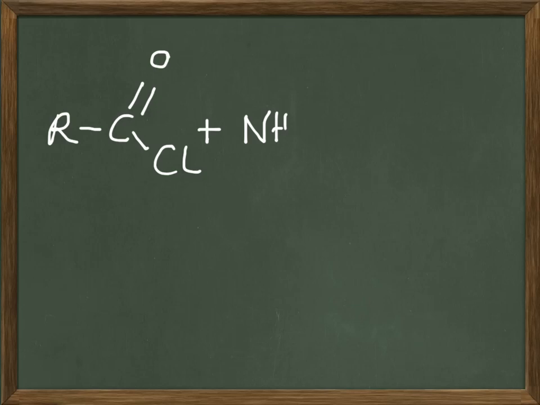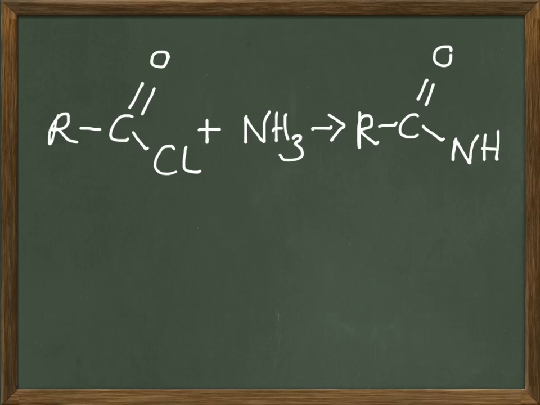The next one you need to know is the reaction with ammonia. Ammonia has a lone pair on nitrogen, and again it's going to want to attack from behind the carbon delta plus on the acyl chloride, and you're going to make, this may be a new compound for you, something called an amide.